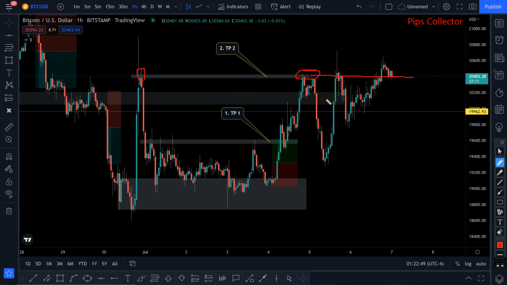Price has just been here. We could anticipate a further rally up, but I don't want to take anything here. I want to see a clear bullish momentum, then retracement.